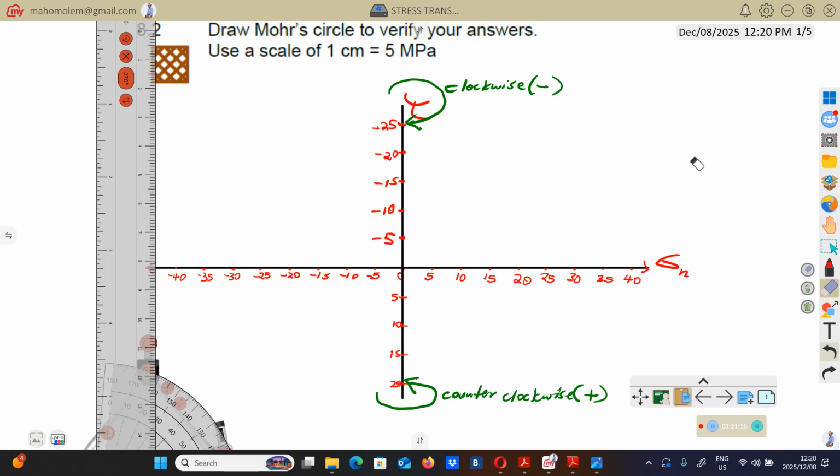So without the calculator, you can use this to analyze the stresses on the planes as they are changing.